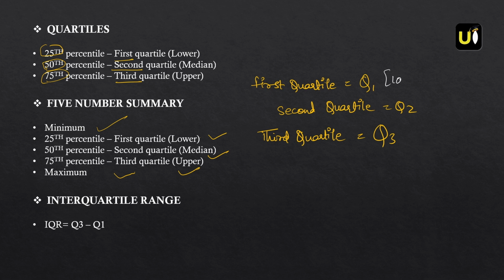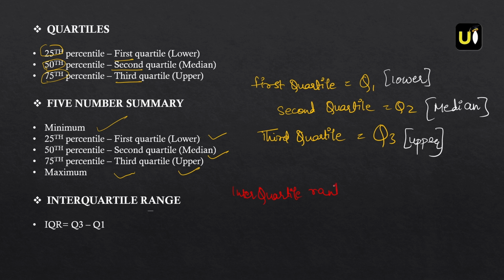This is lower, median, and upper. So if someone asks what is the interquartile range, the interquartile range is equal to Q3 minus Q1. It is also denoted by IQR. So this is upper minus lower. All right. Hope you all get it.